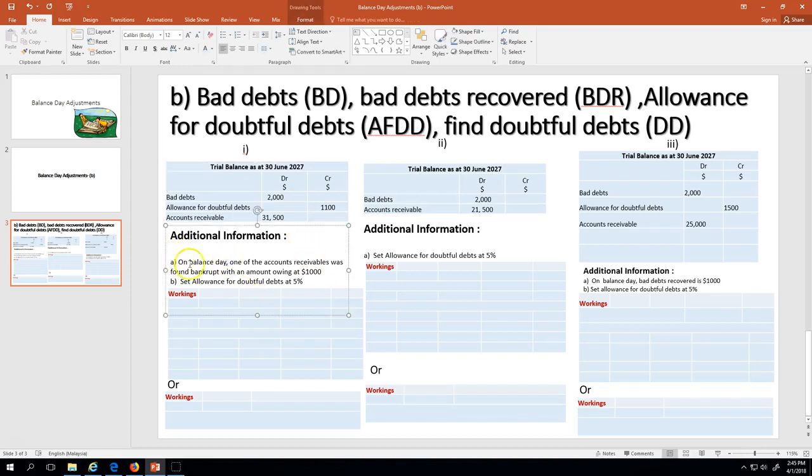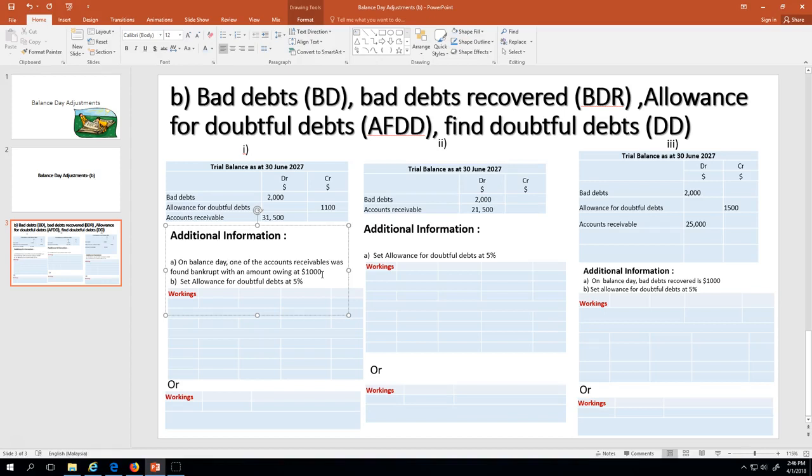On balance day, one of the account receivable was found bankrupt with an amount owing of 1,000. So what do we do when we see additional information? Always remember, students, to do double entry, especially for additional information.